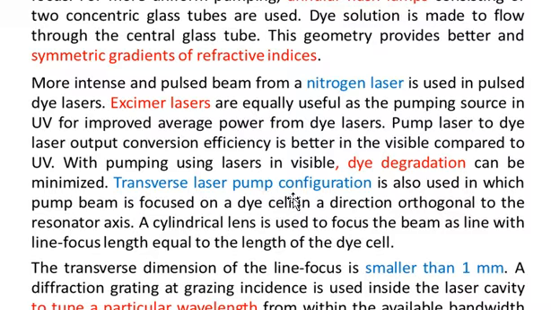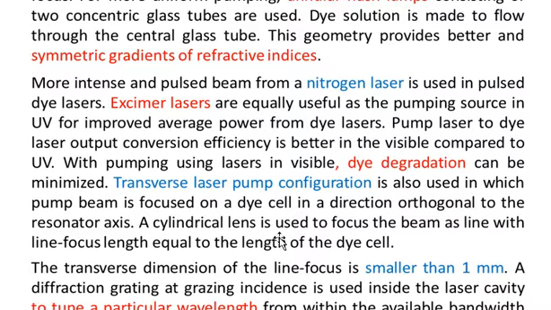Transverse laser pump configuration is also used, in which the pump beam is focused on a dye cell in a direction orthogonal to the resonator axis. And of course, when we talk about the transverse laser pumping configuration, it will be orthogonal to the resonator axis.